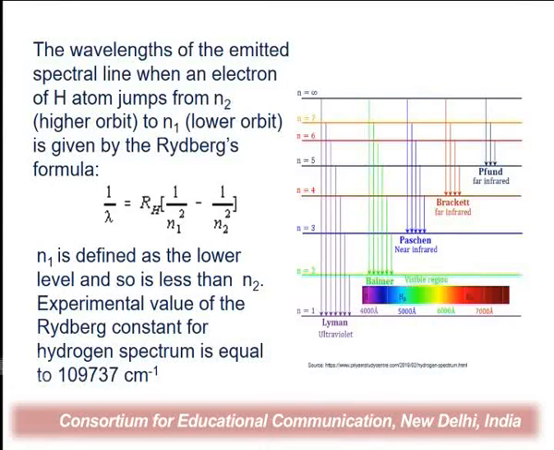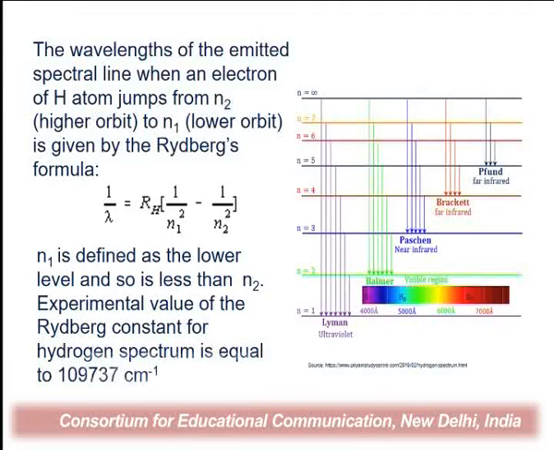The wavelength of the emitted spectral line when an electron of a hydrogen atom jumps from higher orbit n2 to lower orbit n1 is given by Rydberg's formula: 1 upon lambda is equal to RH times (1 upon n1 square minus 1 upon n2 square), where RH is the Rydberg constant and for the hydrogen spectrum its value is equal to 109,737 centimeter inverse. n1 is defined as the lower level and so is less than the value of n2.